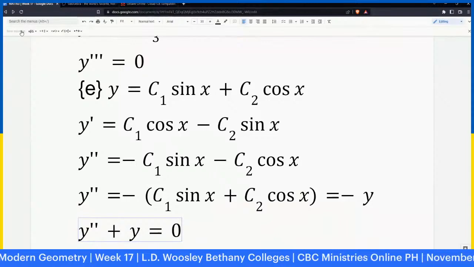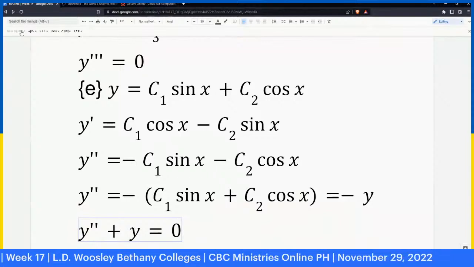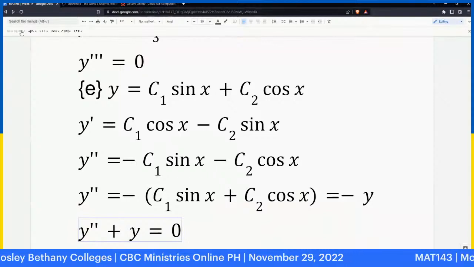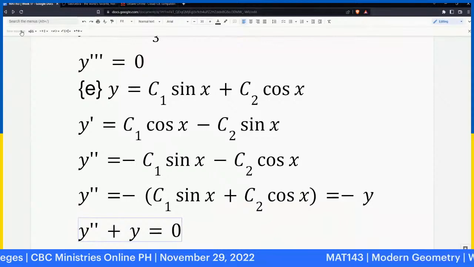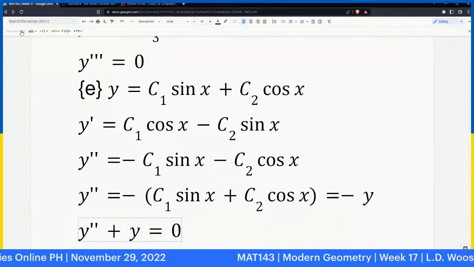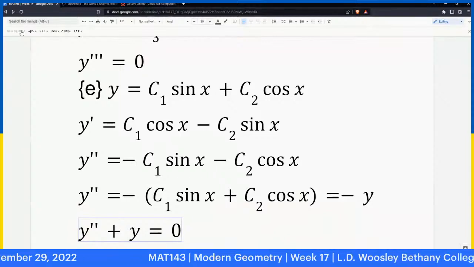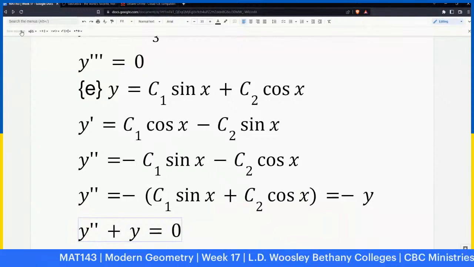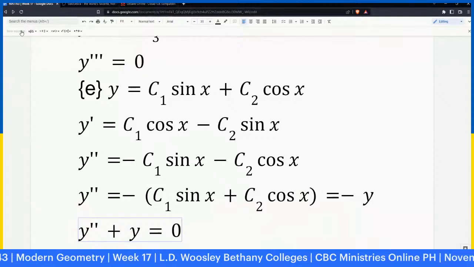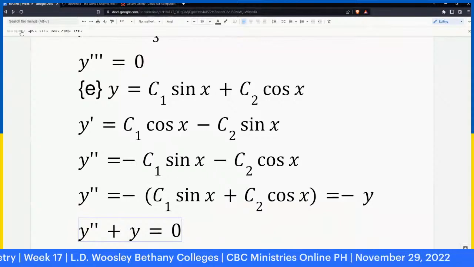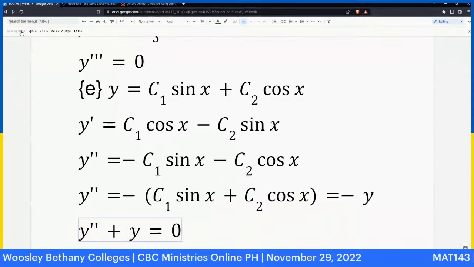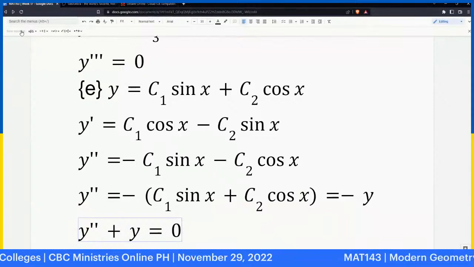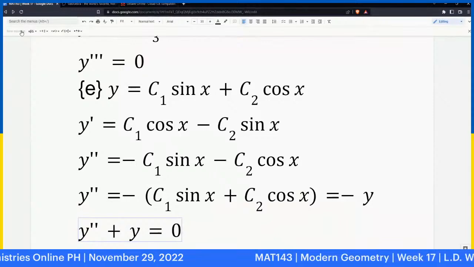If there are 3 distinct arbitrary constants, you need to have the triple derivative or differentials. For this problem, we have 2 arbitrary constants. Therefore, we need to perform 2 derivatives, or second derivative, or y double prime.